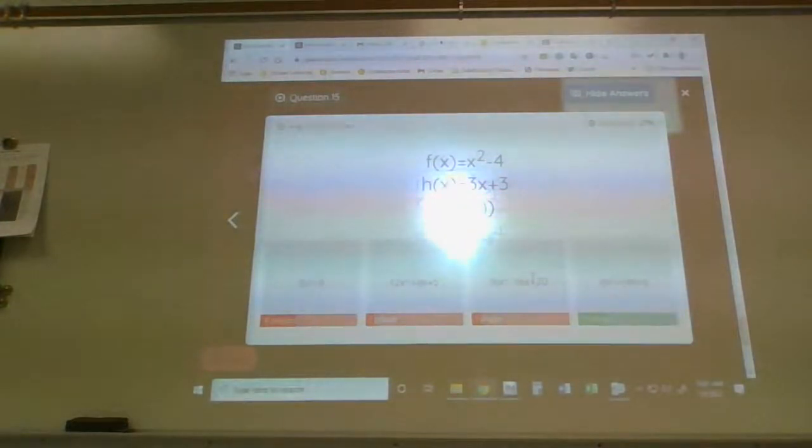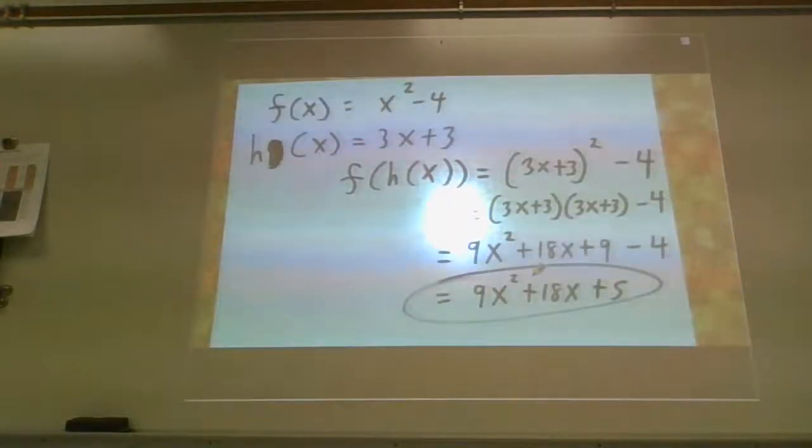I can see a lot of people getting that first choice. They would have thought 3x squared plus 9, and that then the minus 4 comes into play. But that's what it should have been, and that's the process that should have been followed.